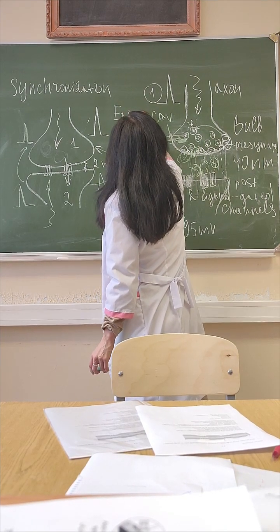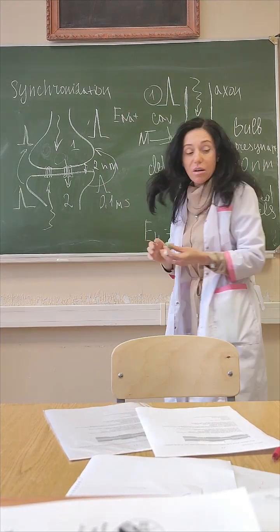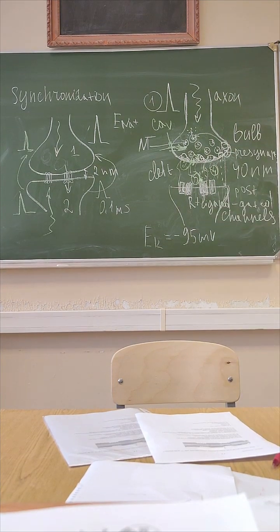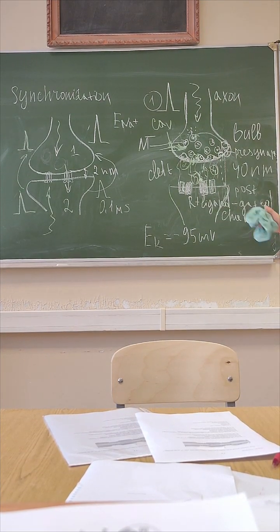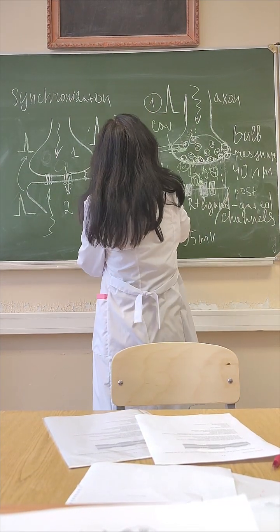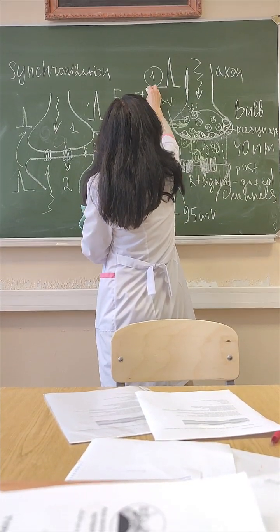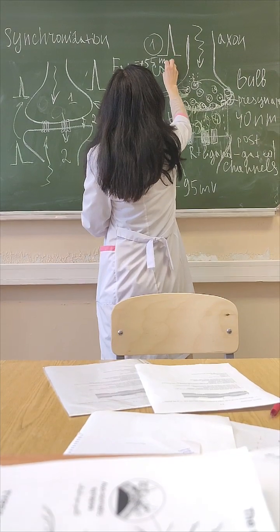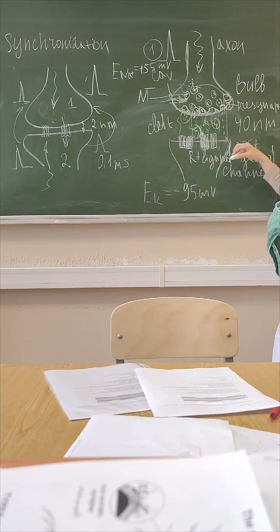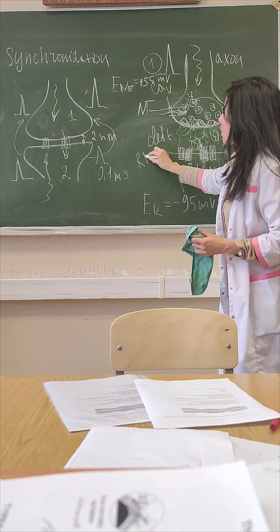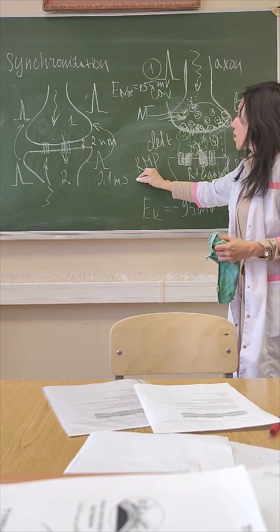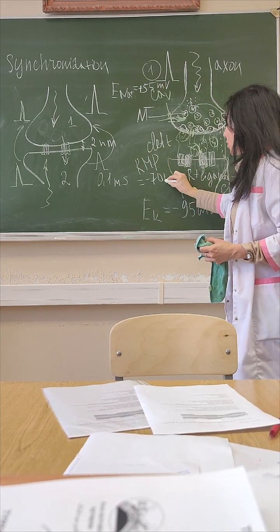Plus 55, about plus 55. What is the resting membrane potential in neuron? RMP, minus 70.